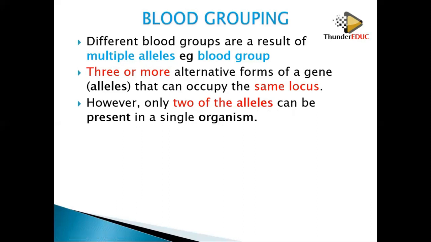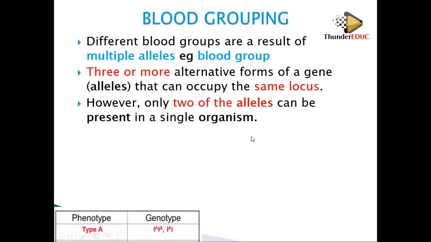One allele must come from the father and one allele must come from the mother. One of it will come from each parent, and then they combine so that they form your alleles. So that's the meaning that only two of the alleles must be present in a single organism.